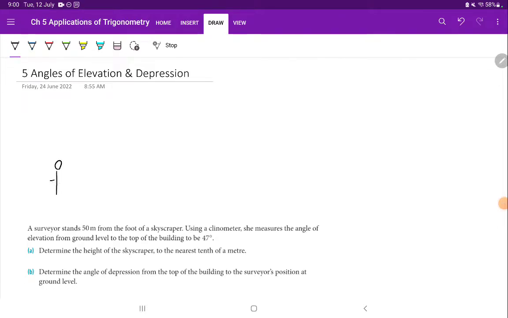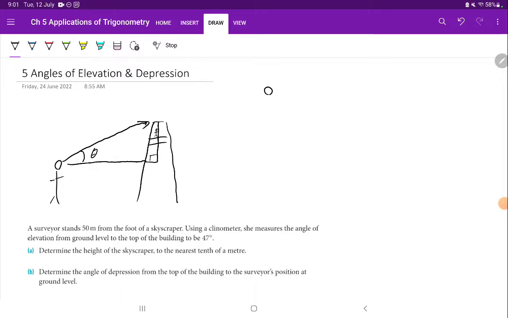Now, I guess the main idea of what an angle of elevation or depression is, is it's about humans. If you're standing and you're looking at something far away, let's say some kind of tower, when you look to the top of that tower, it makes an angle. And it also forms a right angle triangle. We call this the angle of elevation because we are looking up.